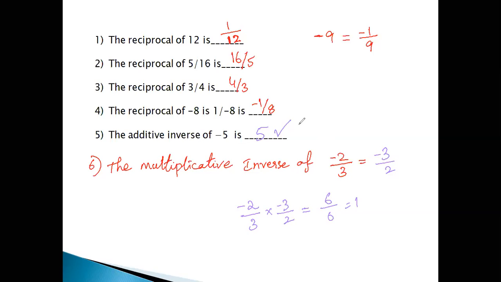But in additive inverse, if you add those numbers, for example, minus 5 plus 5 becomes 0. So the answer has to be 0 in additive inverse. In multiplicative inverse, if you multiply the original number and its reciprocal, the answer would be 1. So that's all of these numbers.